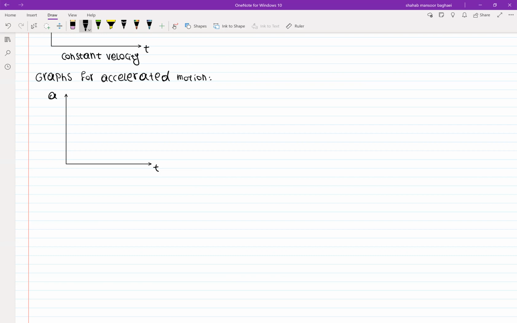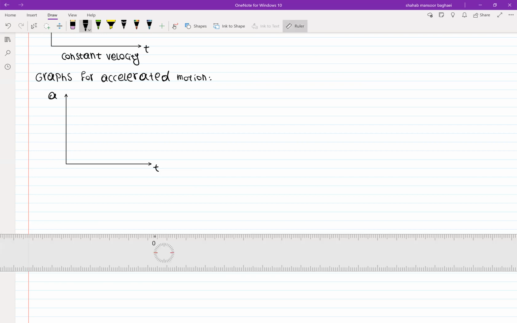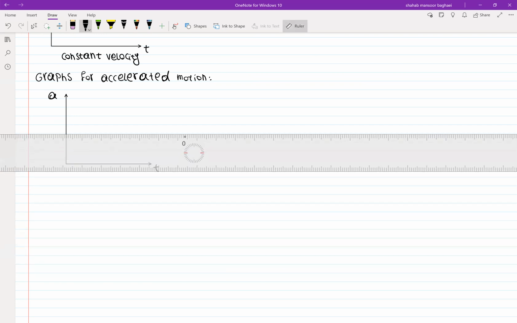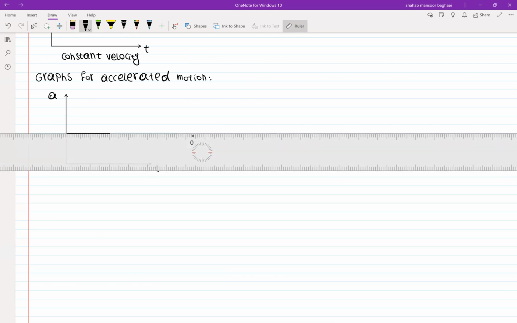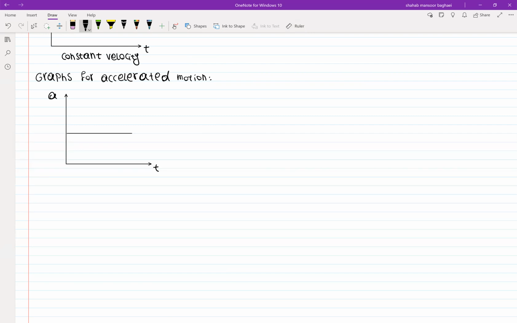But in reality, it's possible to have variable acceleration, but this is not the scope of this course. So here, acceleration of your moving particle doesn't change. Therefore, you have a horizontal line here. A is constant. This is acceleration.